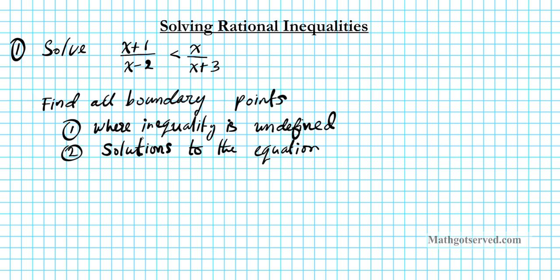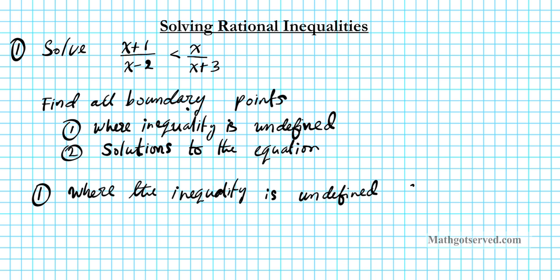So let's find the first one first. For what values of x is this inequality undefined? Well, you simply set the denominator to 0. So for part 1, where the inequality is undefined, you set the denominator to 0.